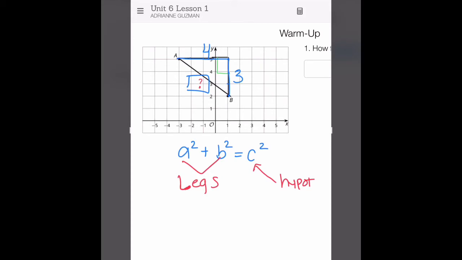We know that the legs are 4, and we square that, and 3 squared. C squared, my hypotenuse, that's what I'm trying to find. I can leave it as c squared. So I set you up for success here. Go ahead and pause me and keep working this problem out and go ahead and type your answer into Desmos.